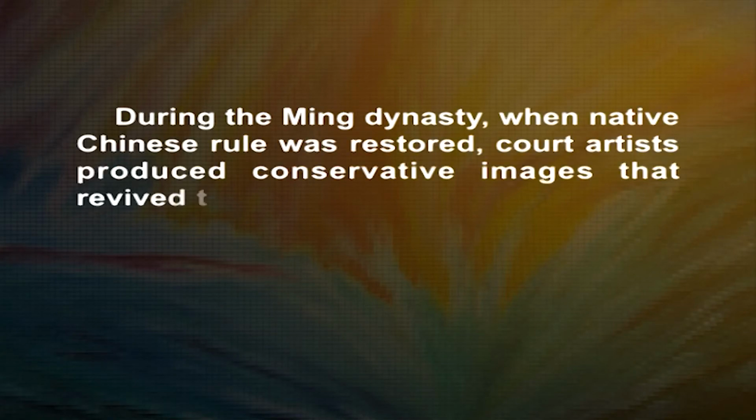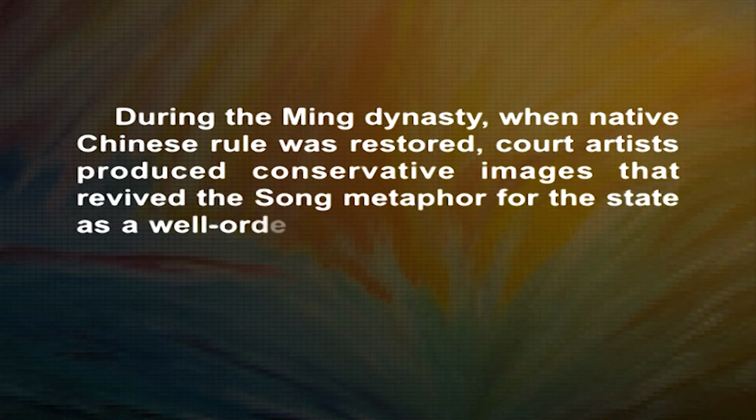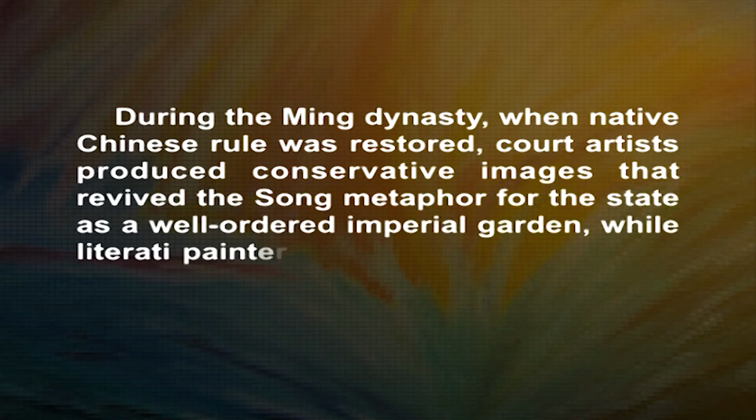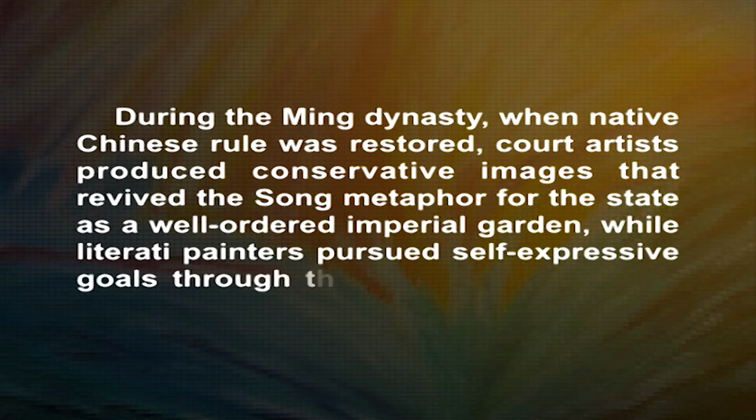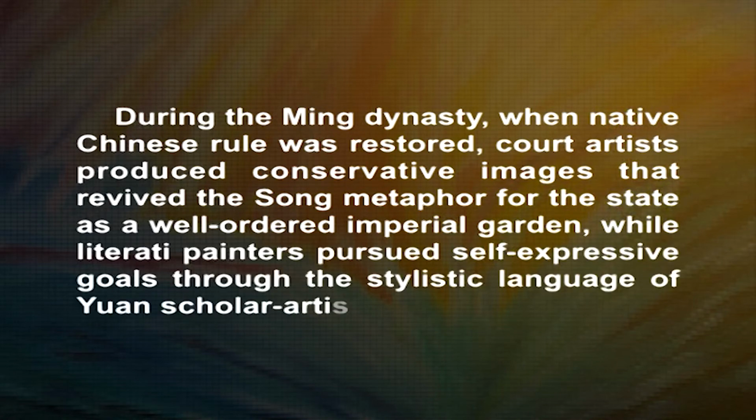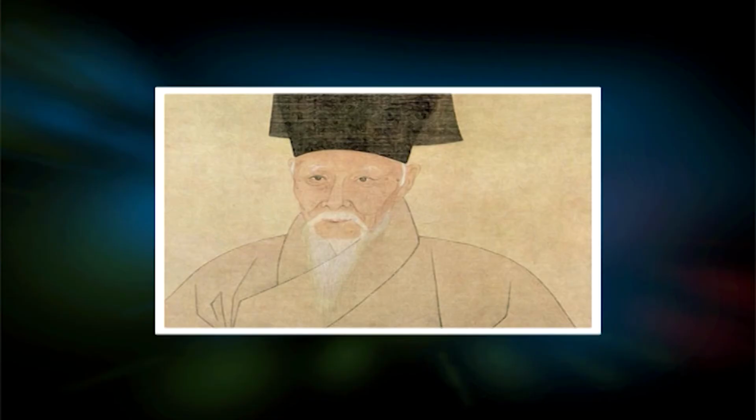During the Ming dynasty, when native Chinese rule was restored, court artists produced conservative images that revived the Song metaphor for the state as a well ordered imperial garden, while literary painters pursued self-expressive goals through the stylistic language of Yuan scholar artists.